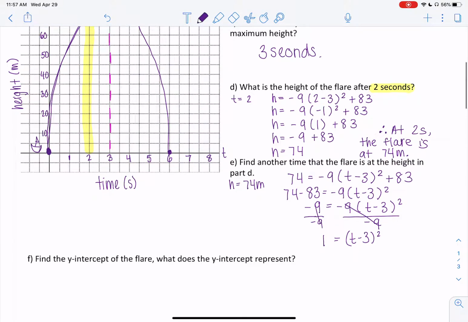Next, we're going to square root both sides. And one thing that we have to do here is we have to remember that we're going to have a plus minus 1 here. And this part is probably going to confuse so many people, so bear with me for a moment. The reason I have a plus minus here is because negative 1 squared is 1 and 1 squared is 1.